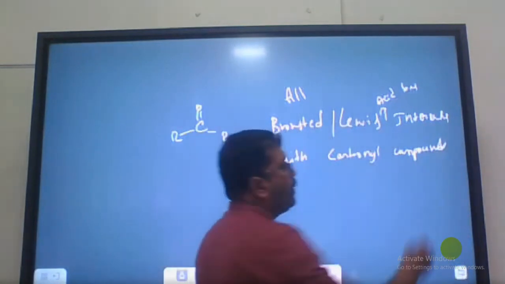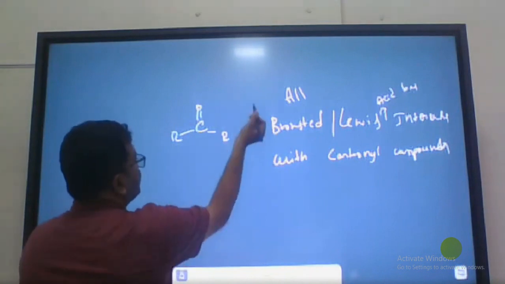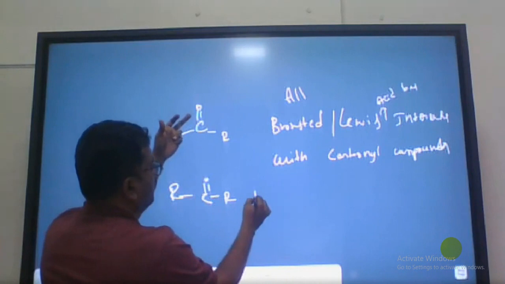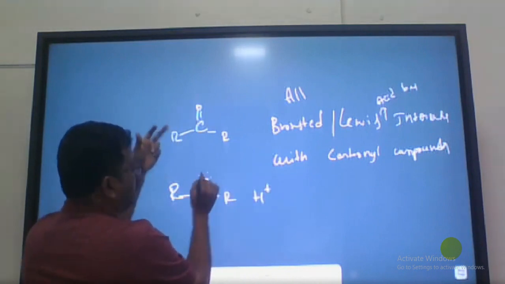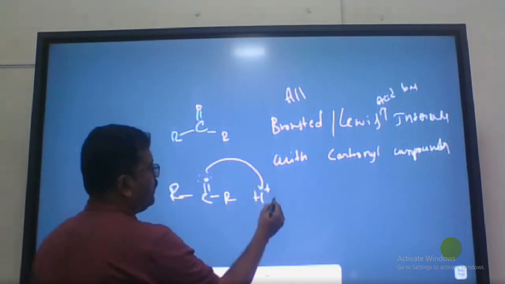It's like first the Bronsted acid. See, the lone pair is there. Oxygen is always rich in electron. It takes this proton.